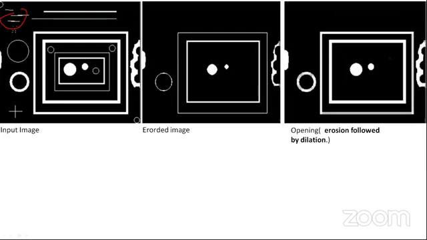Now I am happy. But on the other hand, you can see the thickness of the white region also reduces. Here you can see the thickness of the white region in this case, and in this case it is reduced. Now I want the same thickness.